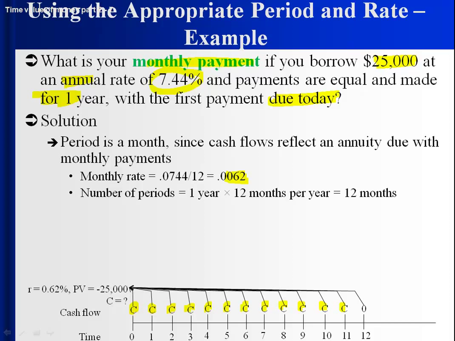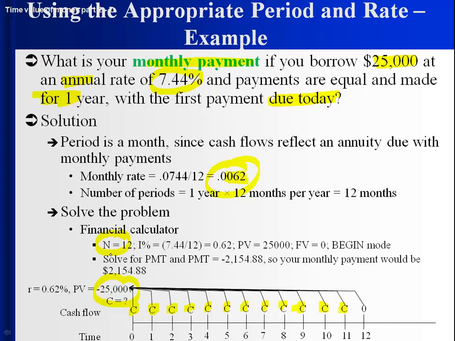And now all we want to do is say, okay, what is the cash flow associated with an annuity due with a present value of negative 25,000, because we're getting 25, so what we pay back has to have a present value of 25. And so we want to find out what that payment is such that all 12 of these payments, when discounted by 62/100%, add up to negative 25,000.